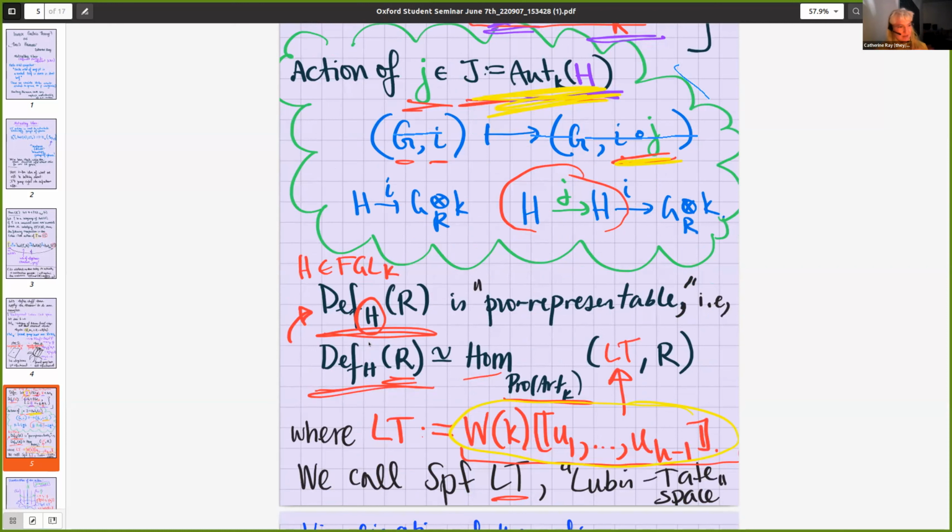So if you have a formal group over a characteristic P field, all of them are isomorphic if they have the same height. So height is a complete isomorphism invariant. I have not defined for you what height is, but h here is the height of the formal group H. I realize that calling them both H is a bit confusing, perhaps.